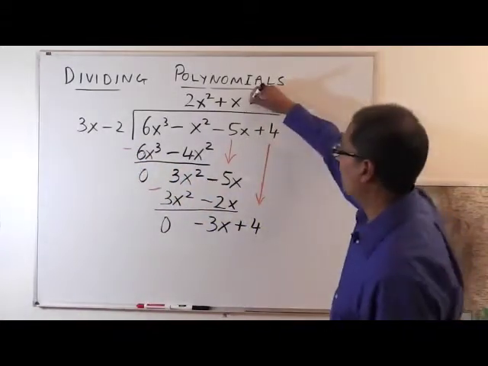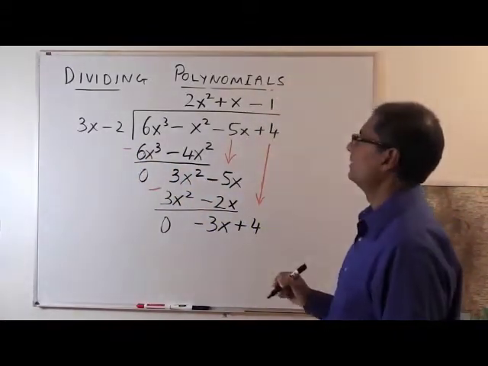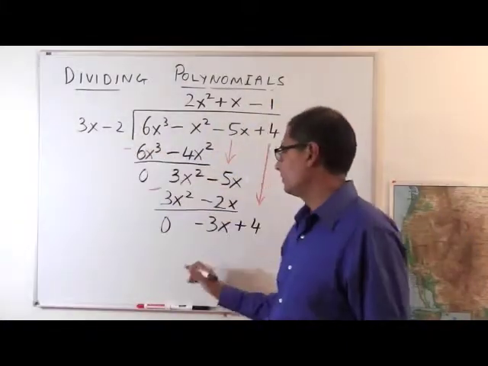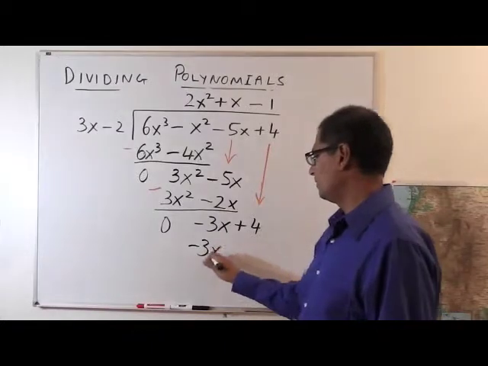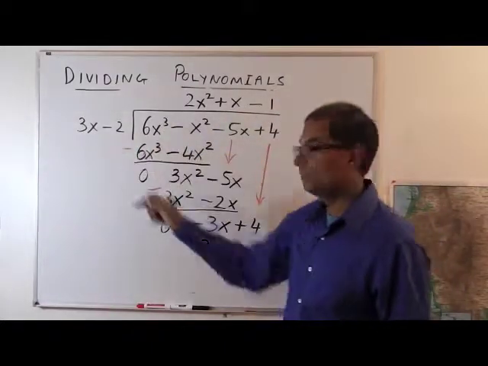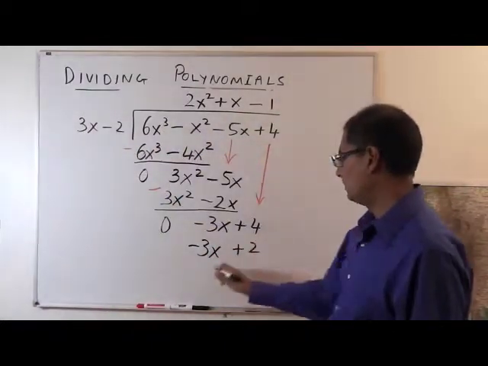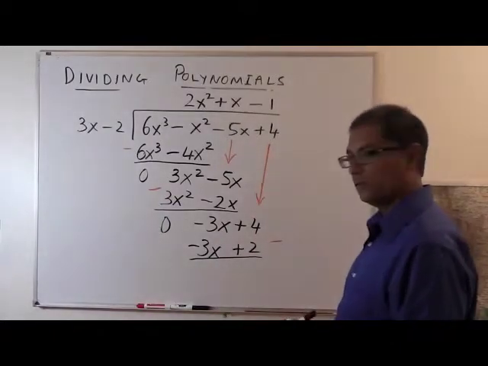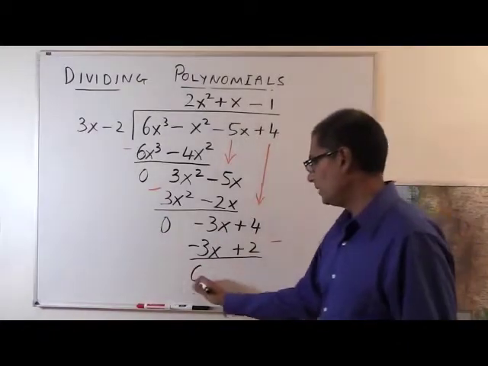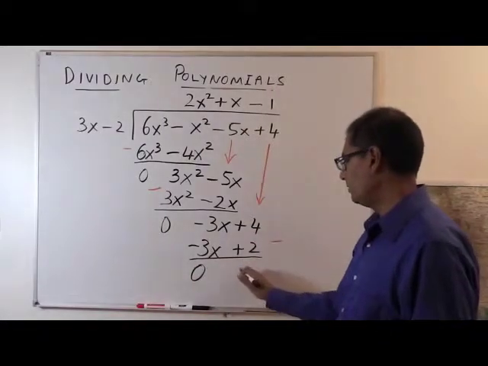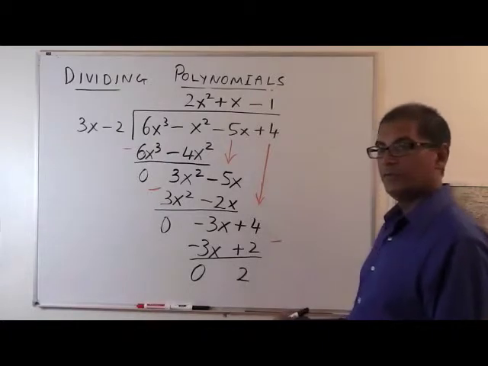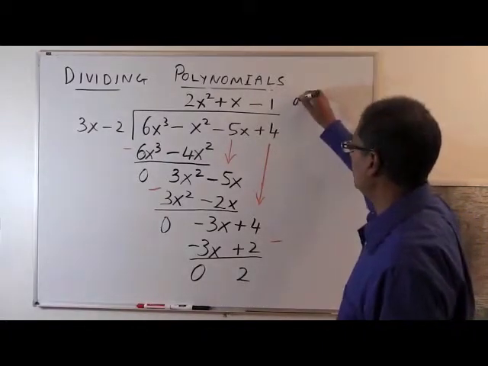Well, that's minus 1. And we multiply back through by the minus 1. Minus 1 times 3x is minus 3x. And minus 1 times minus 2 is plus 2. And then we subtract them. So minus 3x minus minus 3x is 0 again. 4 minus 2 gives me 2. So there's our division.